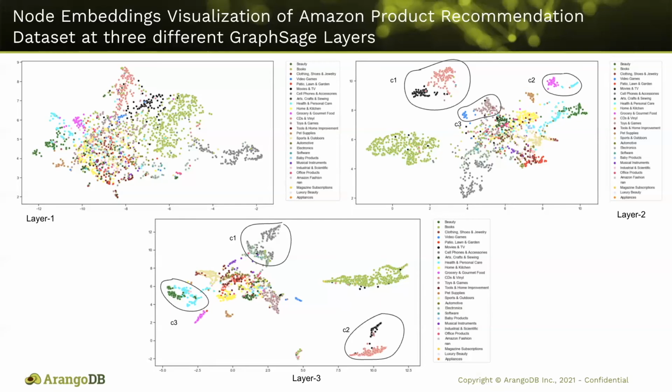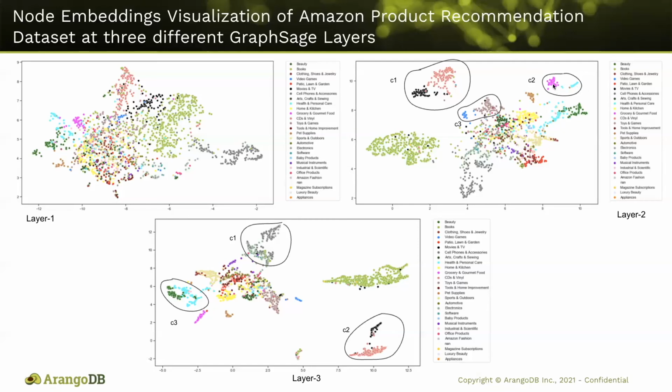As we can see now, we can see some separate clusters of product categories, and we can draw some valuable insights from these clusters. For example, cluster C1 is representing movies and TVs versus CDs and vinyl, and cluster 2 is representing grocery and gourmet food versus health and personal care.